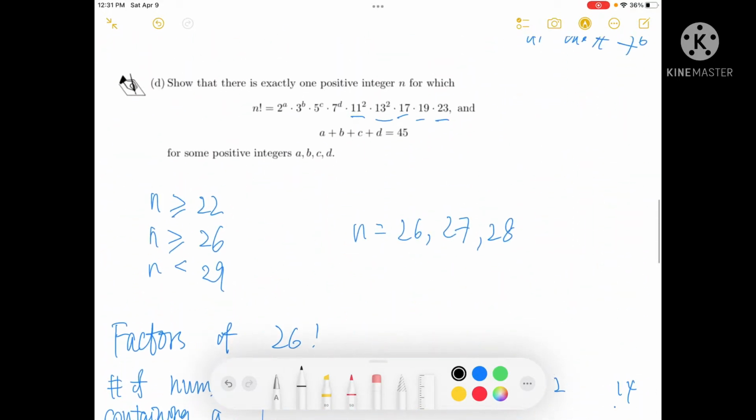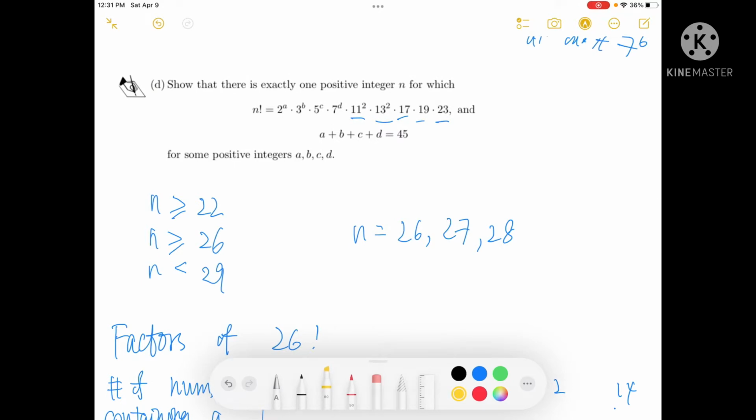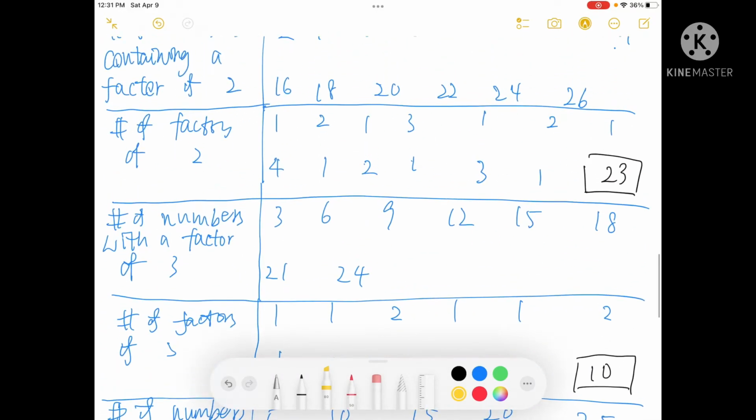Remember that m factorial is defined as 2 to the power of a, 3 to the power of b, 5 to the power of c, and 7 to the power of d, and a plus b plus c plus d is equal to 45.